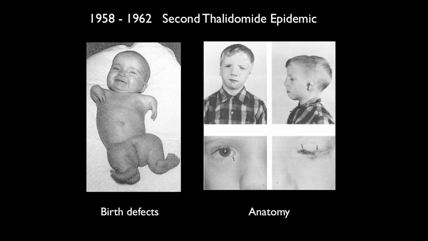A year later, in 1958, a sudden epidemic of previously rare birth defects erupted in several countries, worst in West Germany. Its cause was a mystery, and it took 4 years to identify thalidomide as the culprit.